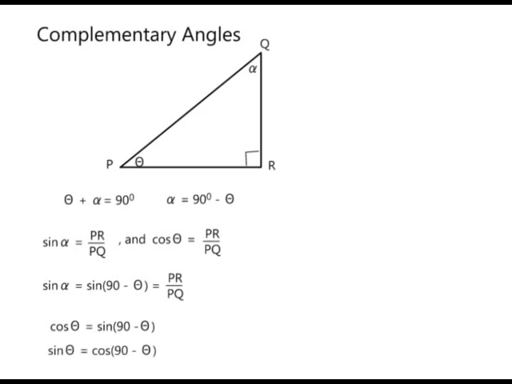Similarly, sine theta is equal to cos of 90 minus theta. In general, the cosine of an angle is equal to the sine of its complementary angle. And so cos 50 is equal to sine 40, cos 0 is equal to sine 90, cos 30 is equal to sine 60, and so on and so on.